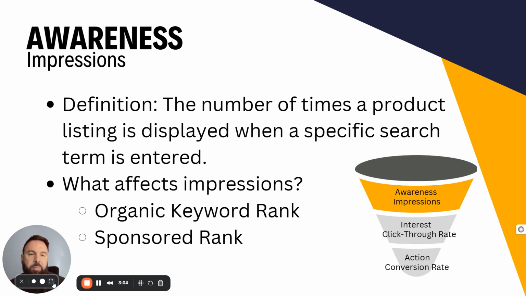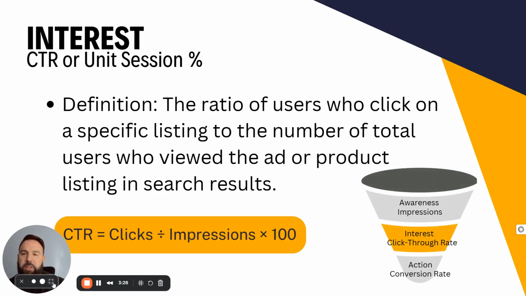Those are people that are paying for ads to be there. And then the organic rank is everything that is not sponsored or doesn't say sponsored. Whether you show up in the organic position or the sponsored position, that counts as an impression, and that is the awareness step.